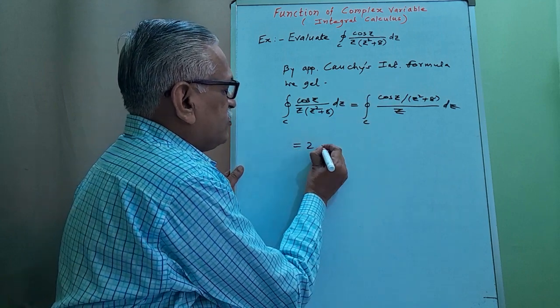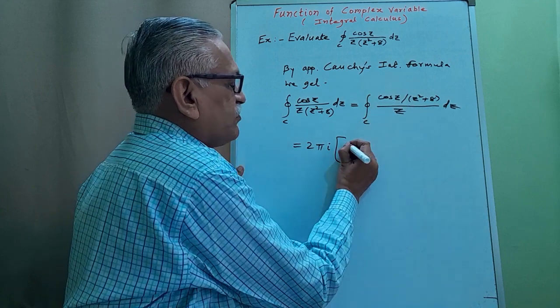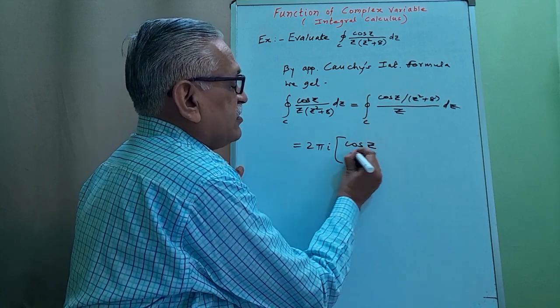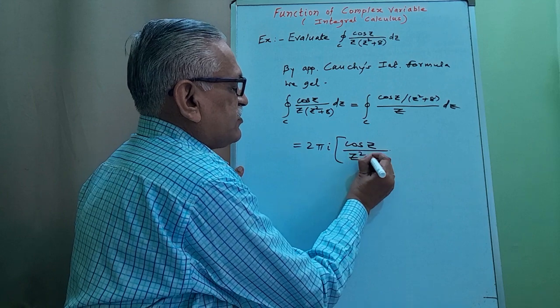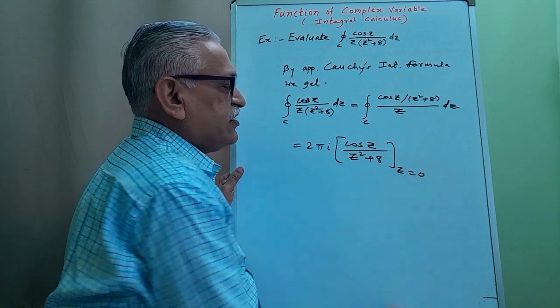By Cauchy's integral formula, its value is 2 pi i multiplied by f of z, where f of z here is cos z divided by z square plus 8 at z equals a, which is here 0.